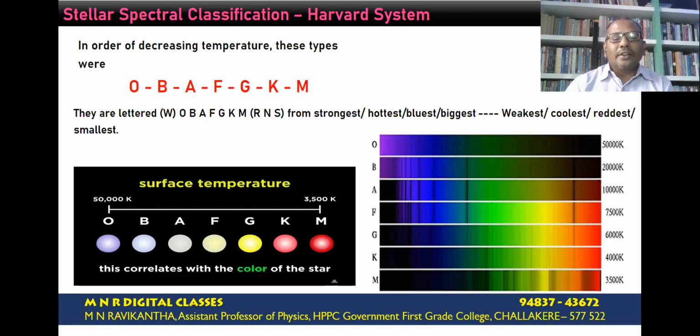So this classification is based on four physical parameters: the relative strength of the hydrogen absorption lines, temperature, color, and also the size. Here in brackets we mentioned W, R, N, S. W is the Wolf-Rayet stars. R, N, S are the stars which form the asymptotic giant branch. These are not used nowadays, so the only scheme left is the seven classes O, B, A, F, G, K, M.